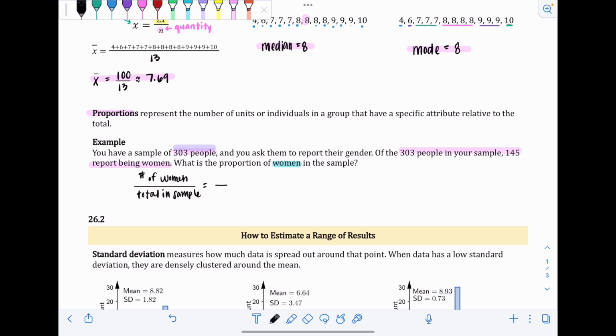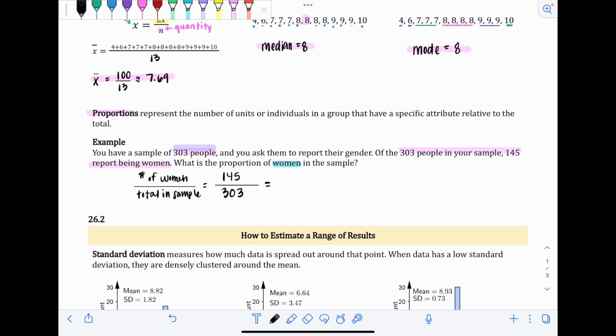Number of women is 145, and we asked 303 people total. So 145 women out of 303 total people.